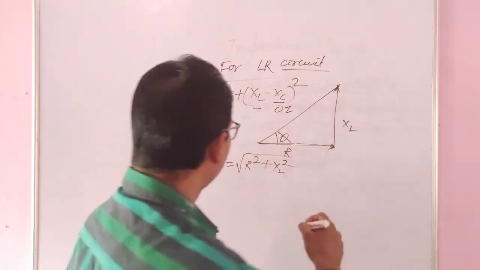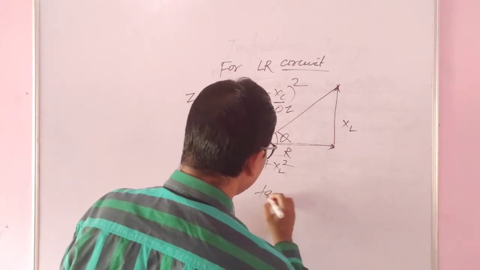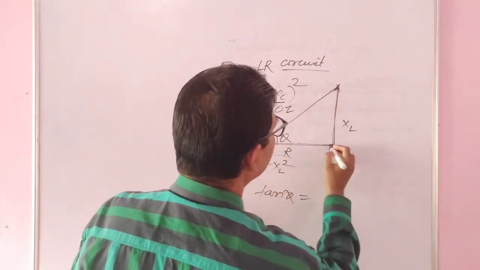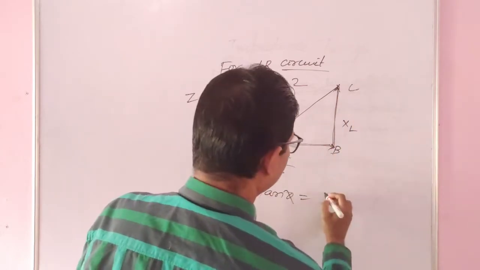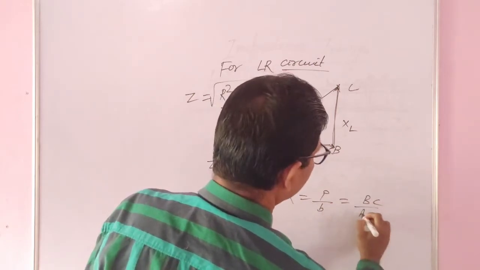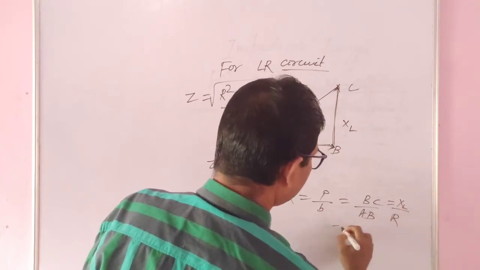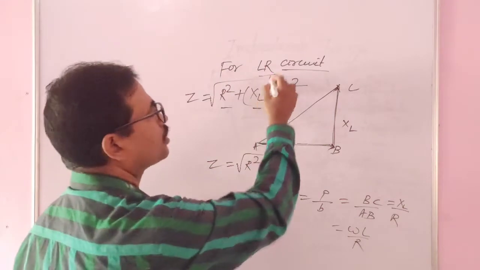Now the phase difference between the current and voltage is how much? Tan phi is equal to perpendicular by base. If you name the points A, B, C, it becomes BC by AB, so it is XL by R, that means omega L by R for an LR circuit.